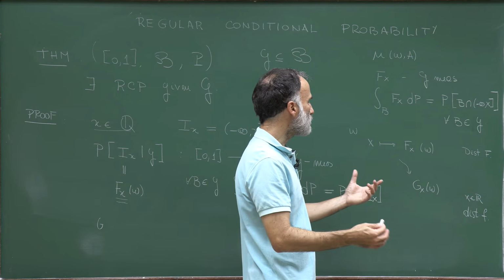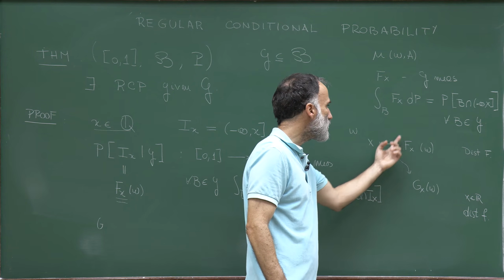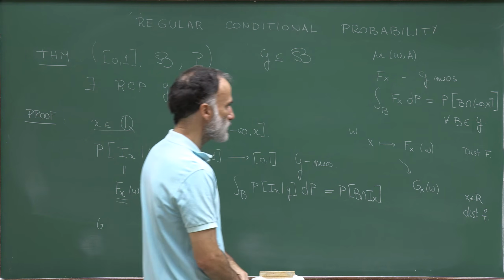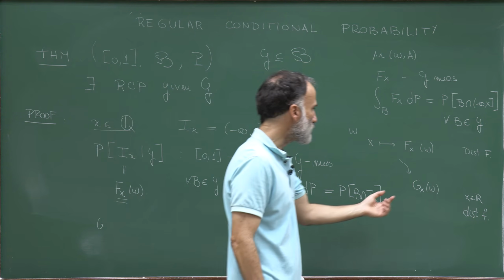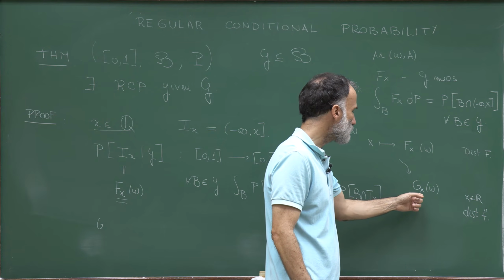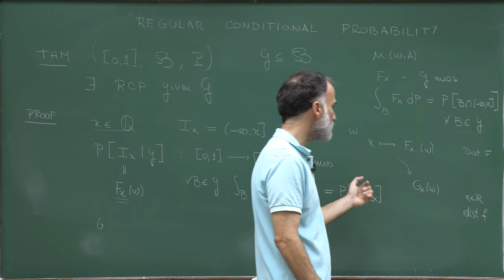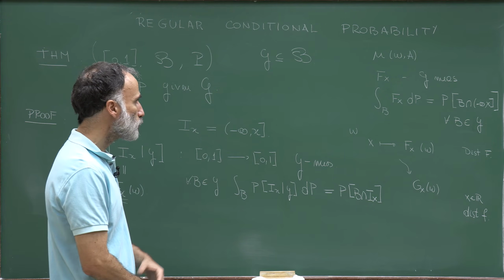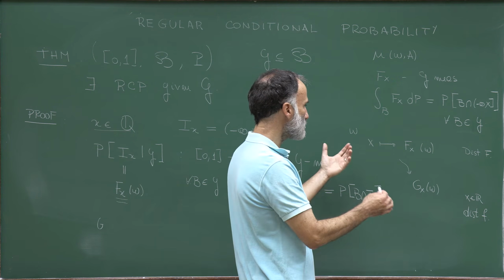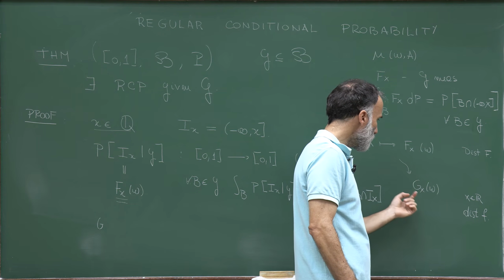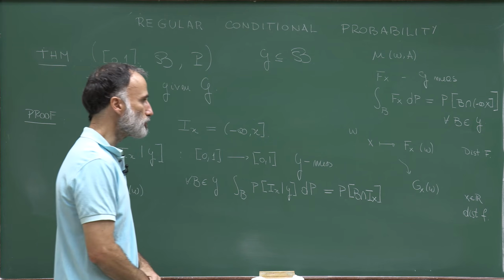This we did before, so we define gx as the infimum of fy for y larger than x. In this way, we define gx, and we will show that gx is right continuous, monotone, and converges to 1 at plus infinity and to 0 at minus infinity. Which means that for omega in some set, if I fix the omega, what I get is a distribution function.